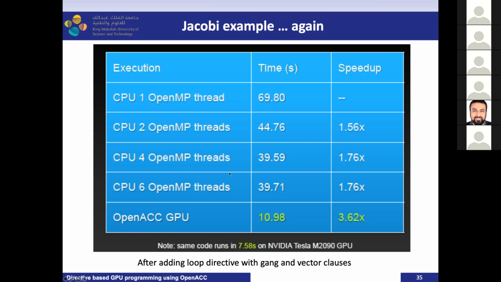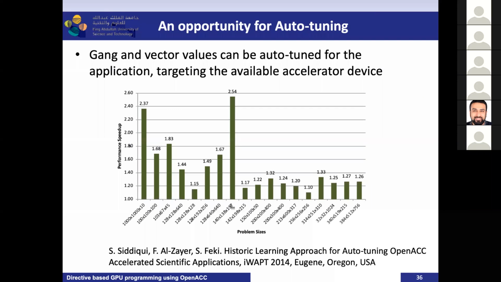actually this gang and vector and how we optimize gave us an idea, and we put that together as a small research project with some of my students, Jazab Siddiqui and Fatma Al-Zayed. We had a very simple stencil computation kernel, in 3D in this case. But you can see here we tried different shapes, and some of them are weird, some of them are more balanced than others.